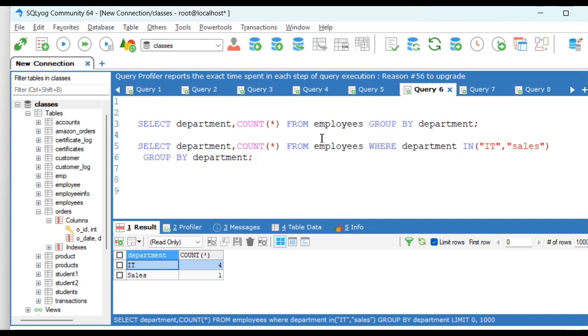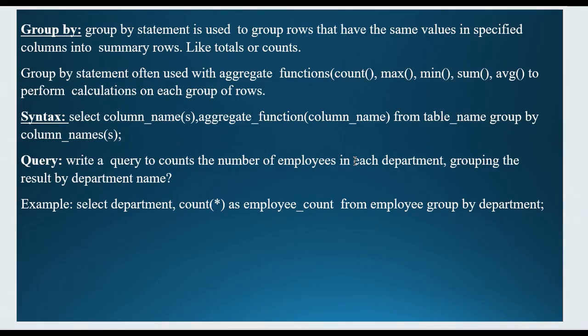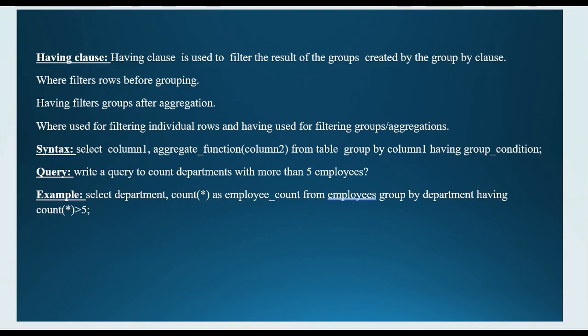So in the GROUP BY clause, we use the WHERE clause before grouping the rows. Just remember that, it is a frequently asked question in interviews. And one more clause is HAVING. HAVING is used to filter the result of the grouped data. HAVING filters groups after the aggregations, whereas WHERE is used for filtering individual rows and HAVING is used for filtering groups or aggregations. So here the syntax is, after the GROUP BY clause we use HAVING.